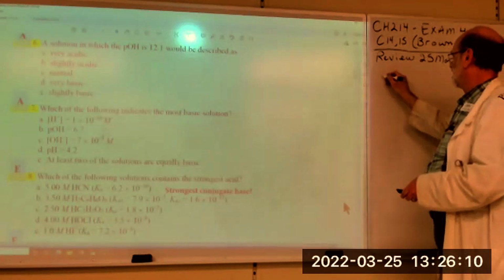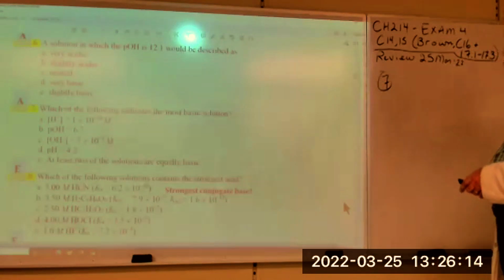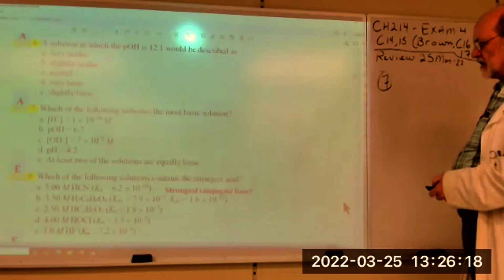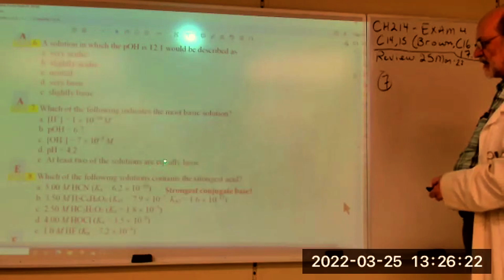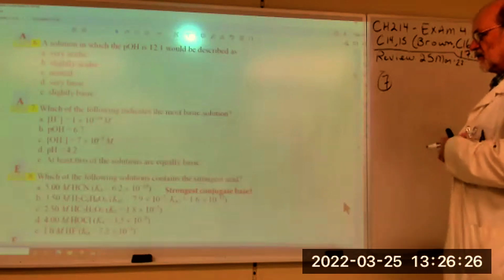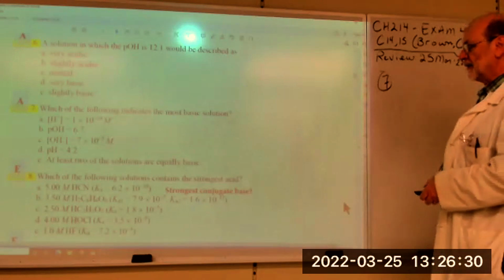How about 7? Which of the following indicates the most basic solution? Okay, let's look at our choices. At least 2 of the solutions are equally basic. So in that case, we're sort of obliged to investigate each one and compare them.